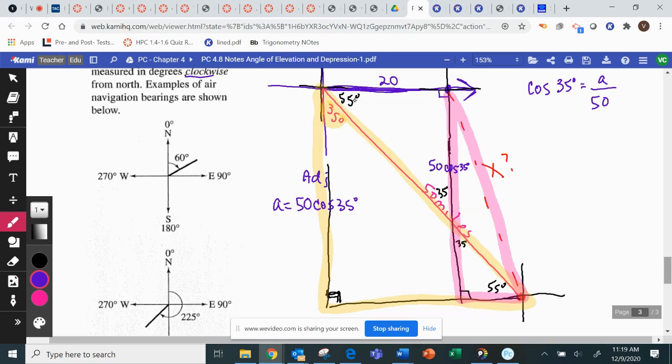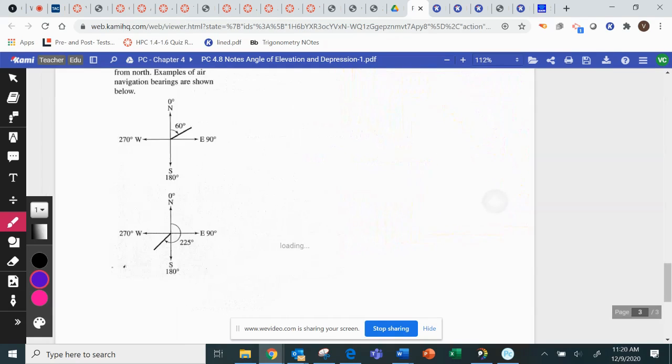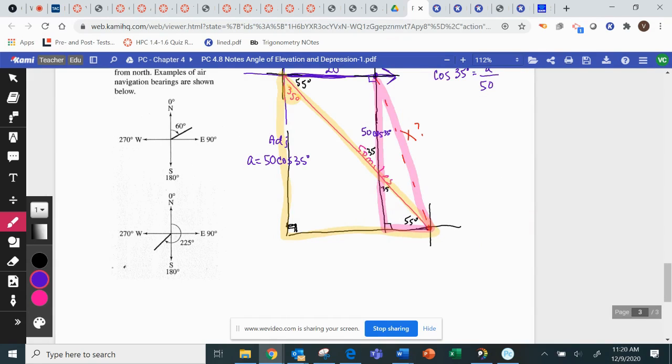How do you want to do that? I could say two ways. How can we find this bottom side? Anybody? How can we find this bottom side of the yellow highlighted triangle?